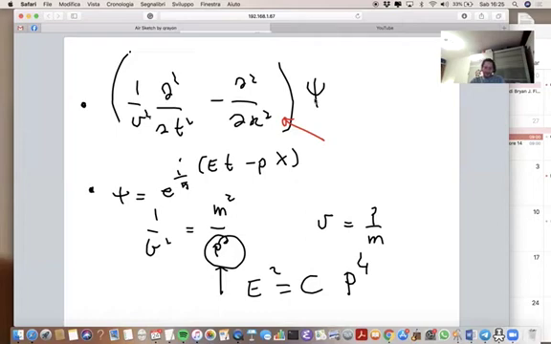And the reason is that what this is actually in the wave equation is the speed of propagation of the wave in a particular medium or in vacuum for the light. And it's not something that depends on the state of the particle. The light always propagates at the same speed in space.